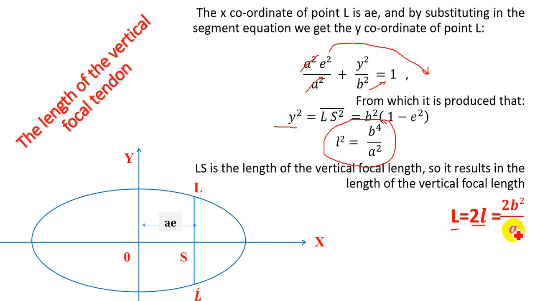When you add that over there, because of that L squared, this 2 goes with that 2, so L equals b squared over a, and if I square it, it will be b to the power 4 over a to the power 2.